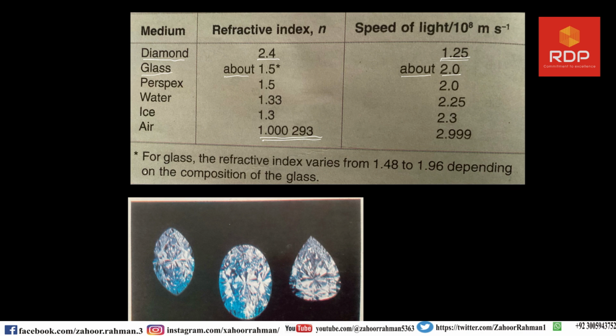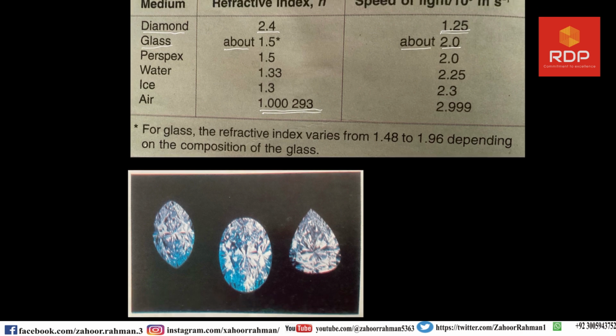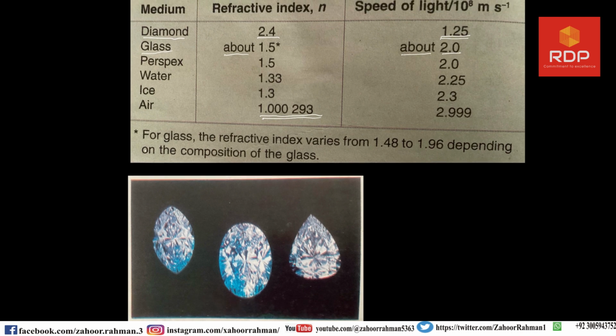Note that the speed of light in diamond is the lowest, since diamond is the optically densest medium compared to the others. A material with a larger value of refractive index is an optically denser medium. So you have to keep all these things in mind, the refractive index and the speed of light also.